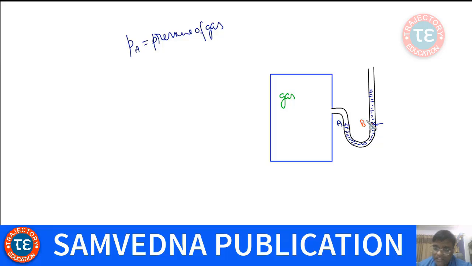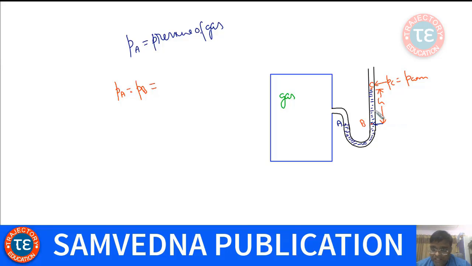Take point B over here. Pressure at A is equal to pressure at B, since they are at the same height. And let this be point C. So pressure at C is what? Pressure at C is P atm, since C is in contact with the atmosphere.